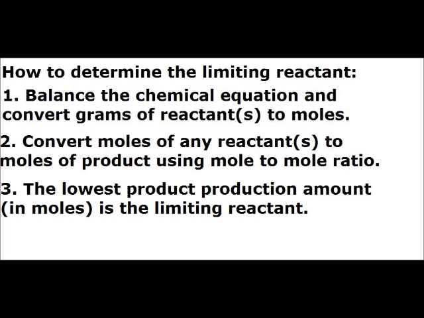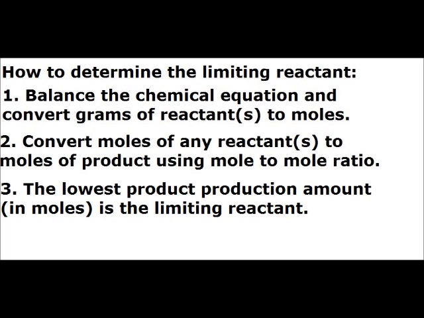Now I want to point out here, this is important because we're dealing with moles. So if I just say, for instance, you have 1 gram of hydrogen and 1 gram of nitrogen, well, you're going to need to look by converting those into moles, and you also need to look at their mole to mole ratio to the products in order to predict this. So I can't say, oh, well, those would both run out at the same time because they're each 1 gram. 1 gram of hydrogen is going to have a different number of hydrogen atoms than 1 gram of nitrogen would.